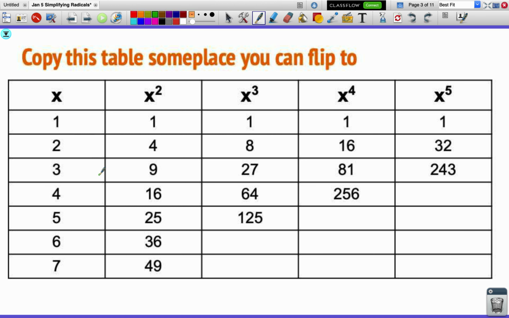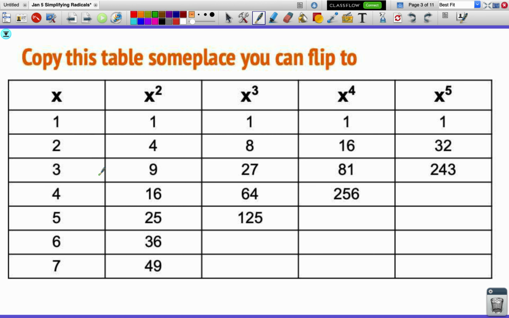Here I've got a table of our most common powers. So perfect squares, perfect cubes, perfect powers to the fourth and to the fifth. Having a table like this, someplace you can flip to, can really speed you up. Just these numbers here is enough to shortcut most all simplification problems.